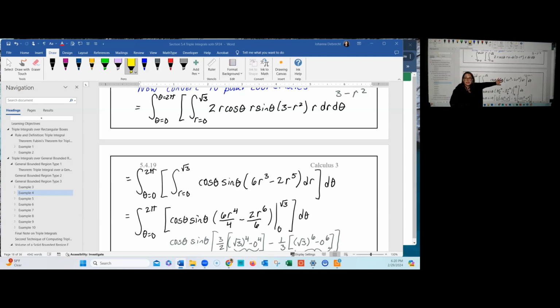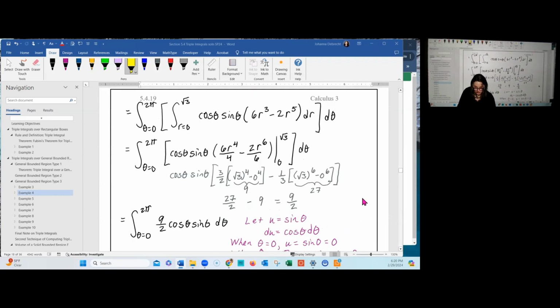Since cosine theta, sine theta is a constant, we just integrate the 6r cubed minus 2r to the 5th, which gives us 3/2 r to the 4th, minus 1/3 r to the 6th, now evaluated between 0 and square root of 3, the limits of integration for r. When we put these into our formula, we can reduce things to 9/2. This gives us the integral from theta equals 0 to 2 pi of 9/2 cosine theta, sine theta, d theta.